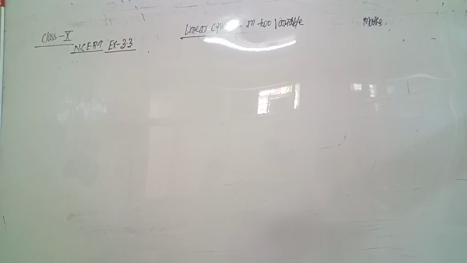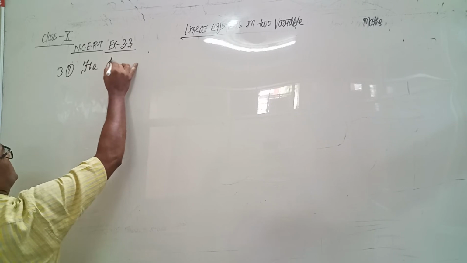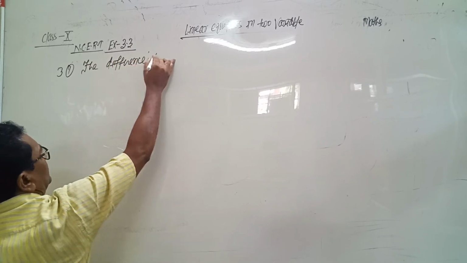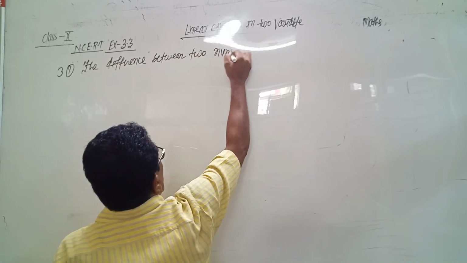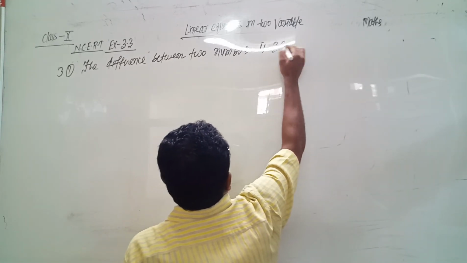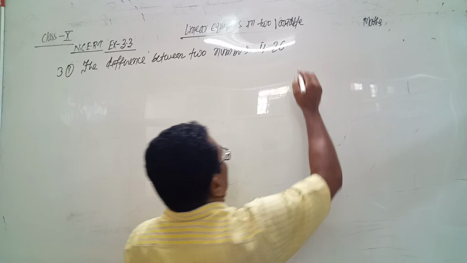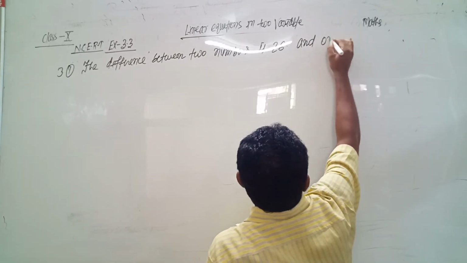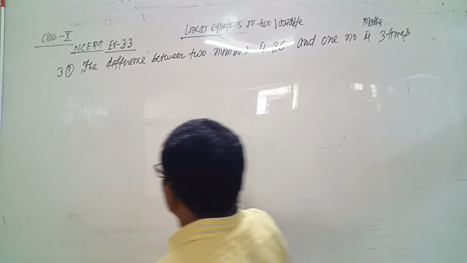The first part of the third question: the difference between two numbers is 26, and one number is 3 times the other.